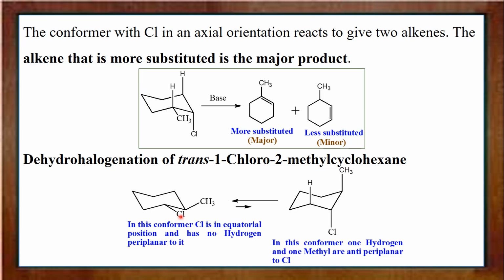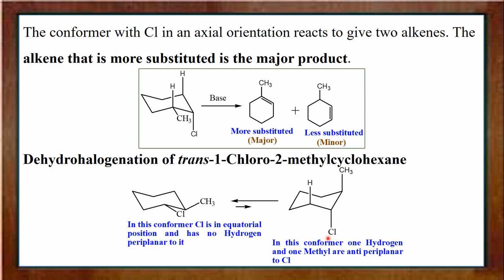When the leaving group is oriented in the equatorial direction, there is no beta hydrogen oriented coplanar with this. Therefore, it undergoes ring flipping to make the chlorine oriented in the axial direction. Of course, this is the less stable conformer because the two bulky groups are oriented in the axial directions.